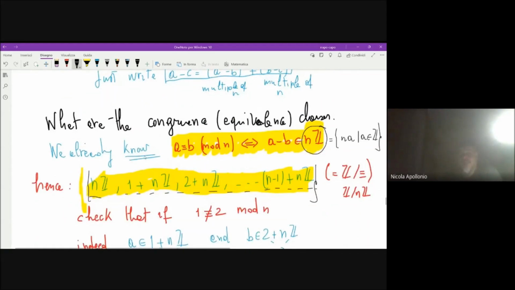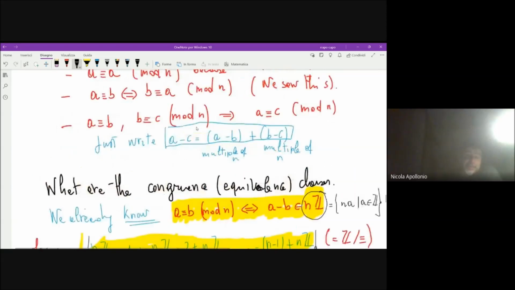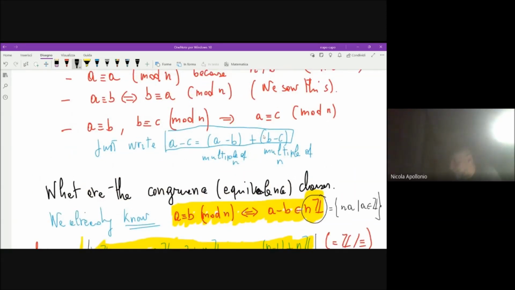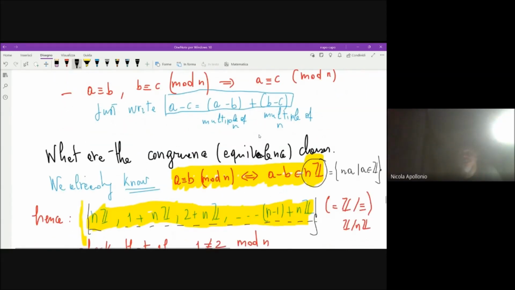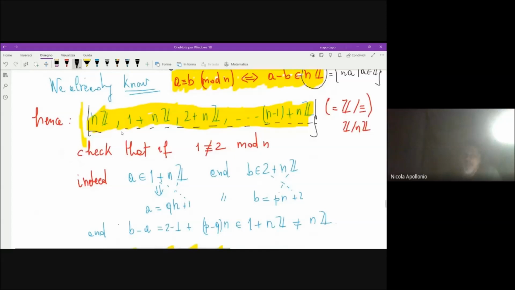Then we asked ourselves, well, what is the quotient? Since this is an equivalence relation, it is meaningful to ask the shape of the equivalence classes, and we found out that the classes of the equivalence relation have this very nice and now well-known shape.